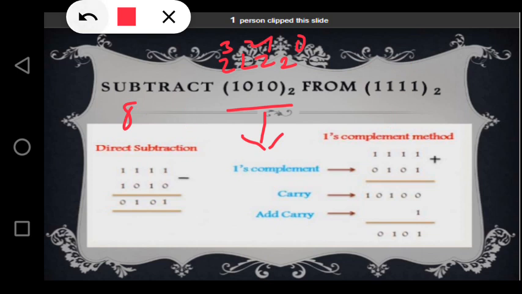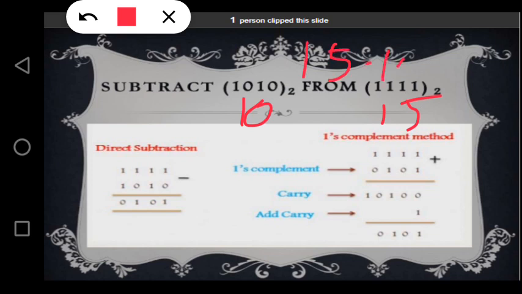This can be done even by a kid, but if the same thing has to be done by a computer, see how it follows the technique. So this is 10, this is 15. Subtract 10 from 15, so you get 5. The answer should be 5, isn't it? Okay, let's see how it works using 1's complement. Let's assume this is b, this is a.